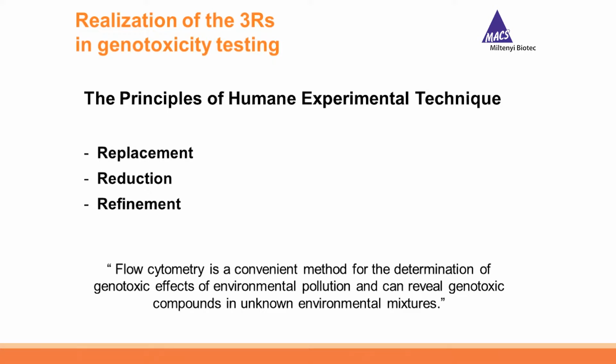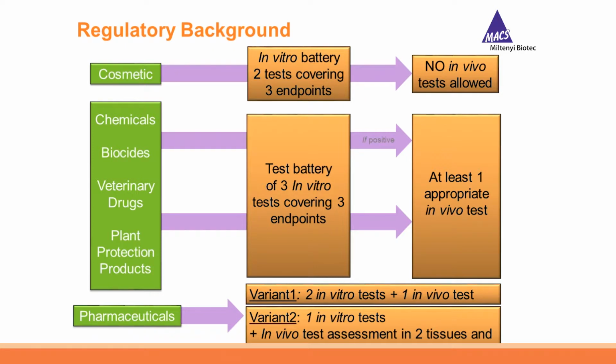To get a little bit more into detail, we'll have a look at the varying regulatory background of chemical testing. The requirements differ depending on the region as well as the type of chemical under regulation. For example, in the EU, for cosmetics, in vivo experiments are prohibited, but instead different in vitro tests are required.